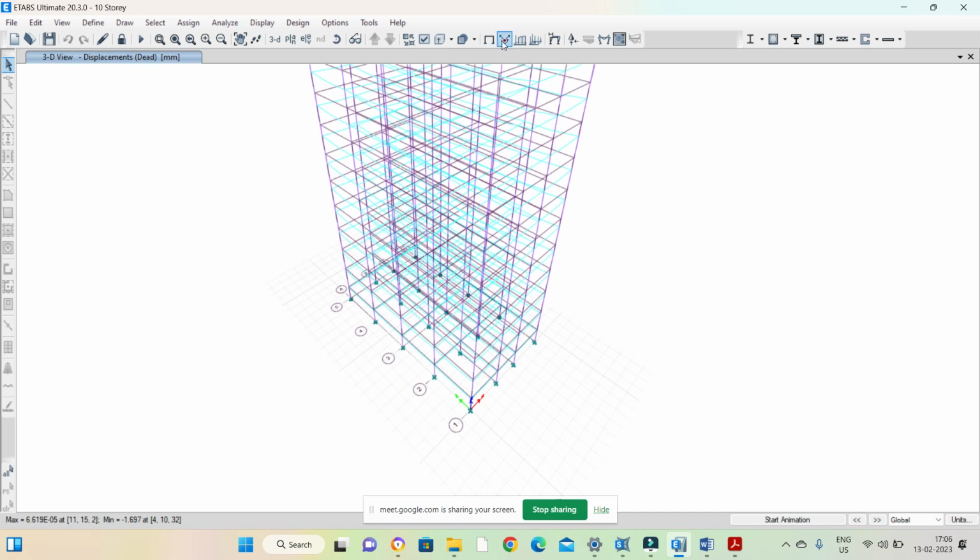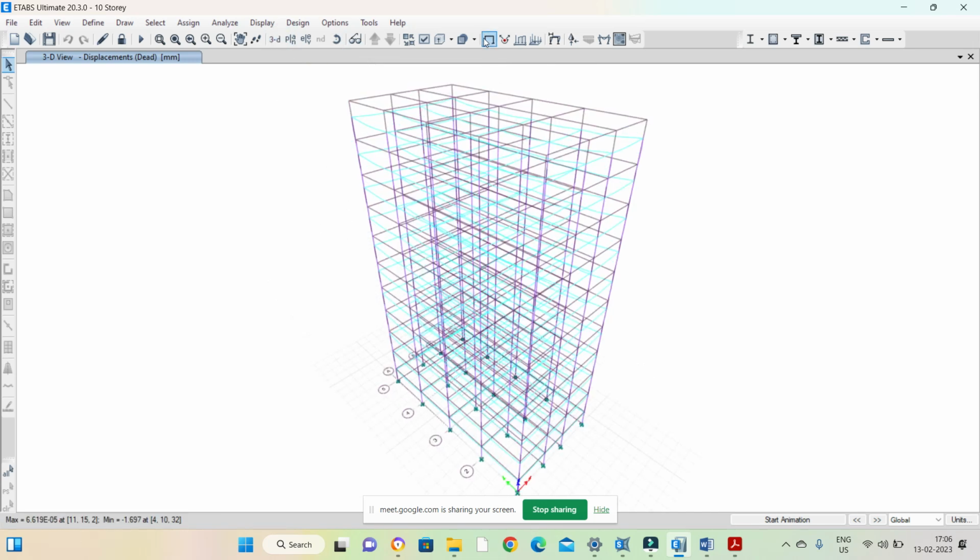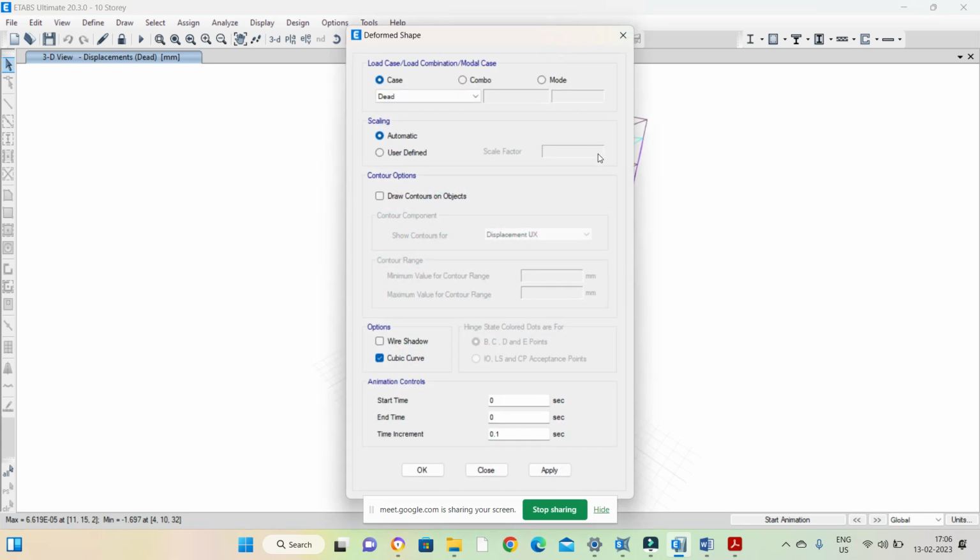Okay, analysis is done. Now I'll check my mode shapes. This mode 1, and apply.